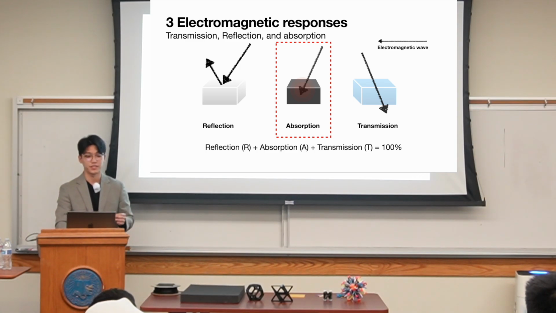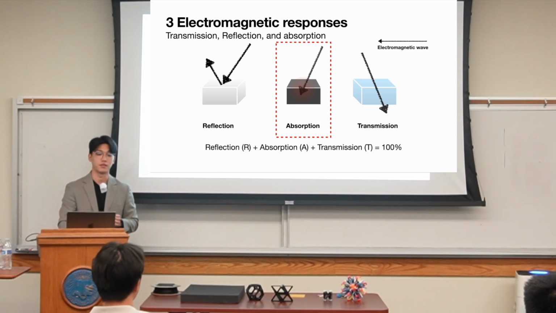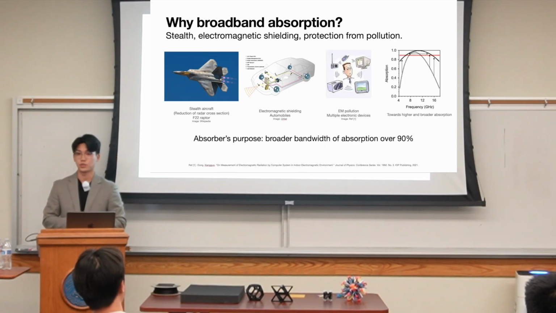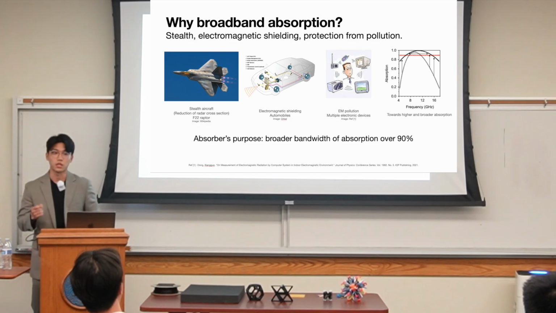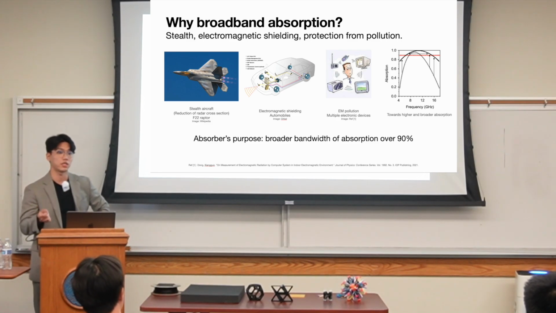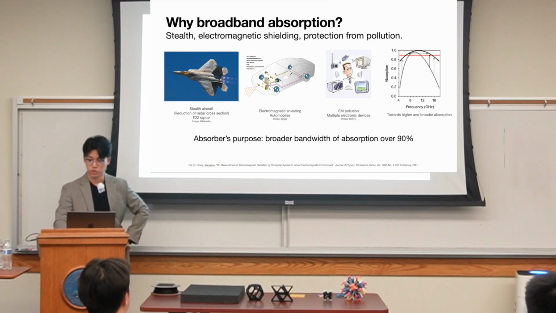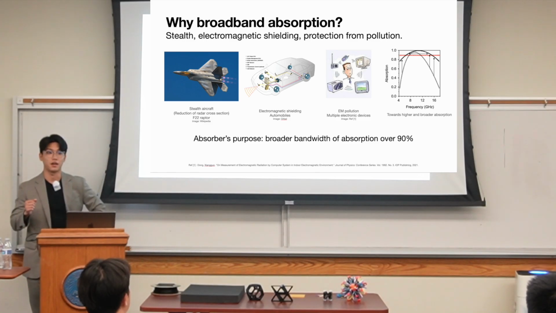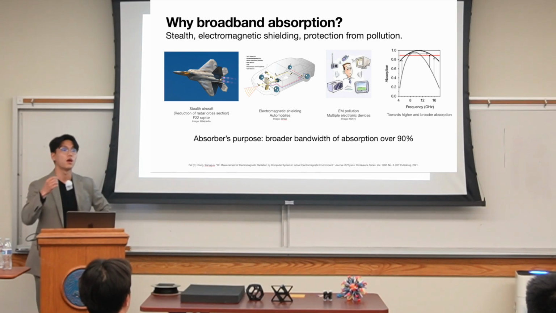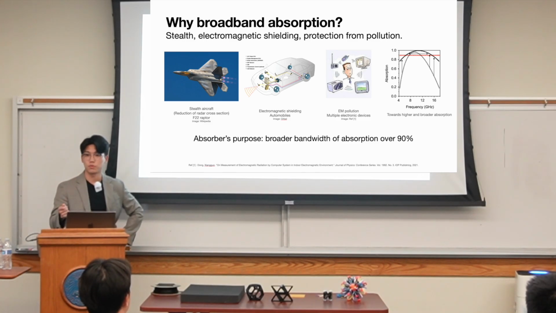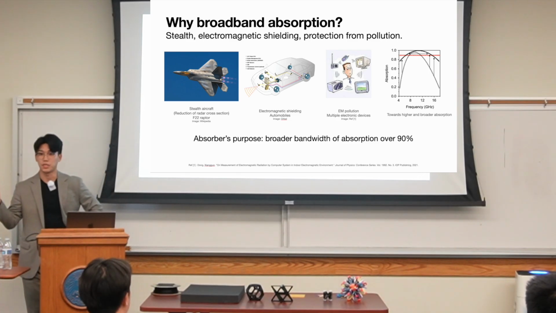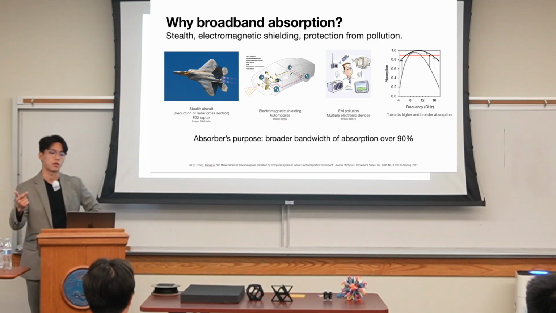Why are we interested in absorbing this microwave? That's because it's a concept that's used a lot in different applications, such as the stealth jet plane, which is to hide from the radar system. Efficiently absorbing the incoming radar would enable the stealth jet plane to be undetectable to the enemy's radar.